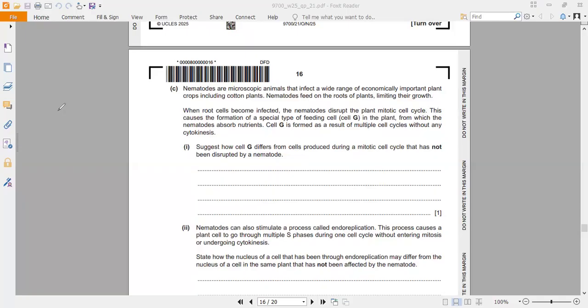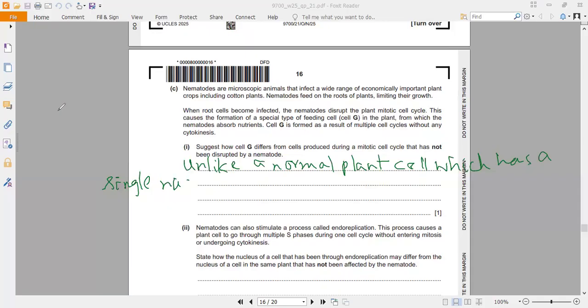So I'm going to write: contain multiple nuclei.